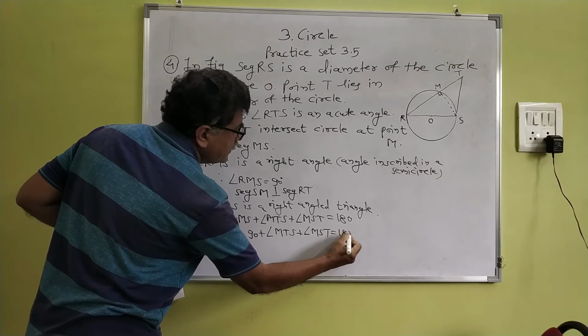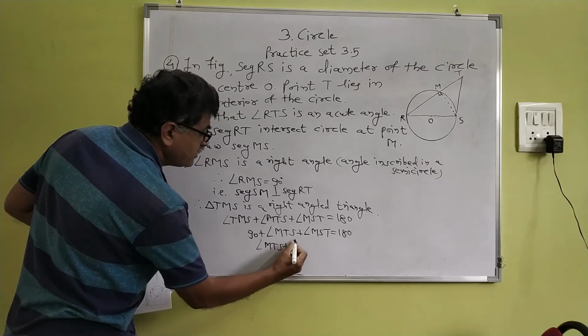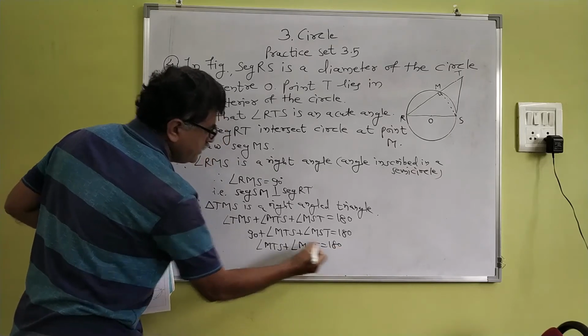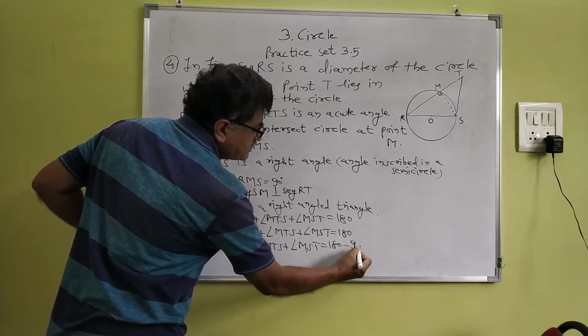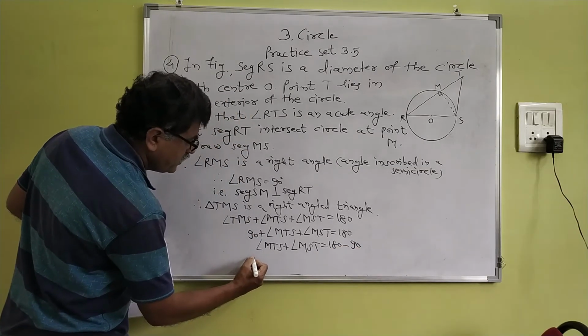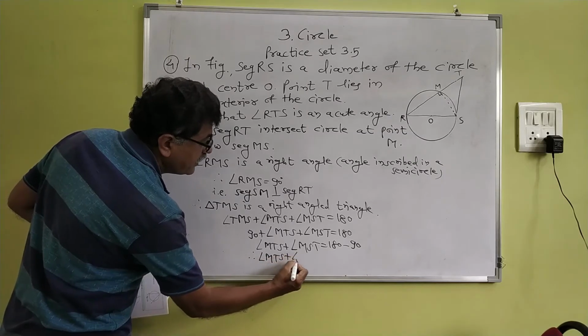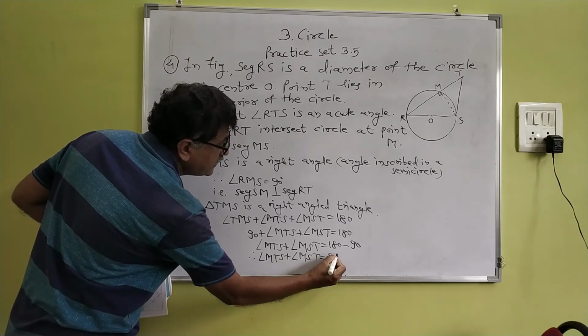is equal to 180. Transfer this to the right hand side, that is minus 90. Therefore angle MTS plus angle MST is equal to 90 degrees.